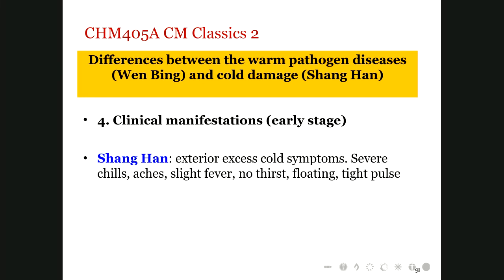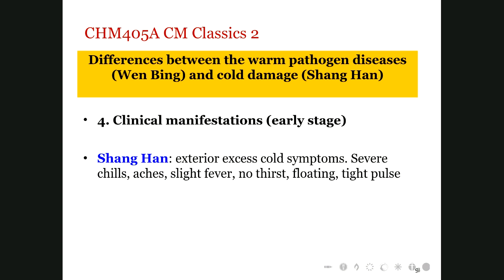But compared with the Shanghan you learned in Classics 1, with external cold-dominant pathogen invasion, because the cold results in constriction or constraint of the channels of the Taiyang divisions, aching and pain will be dominant due to poor qi and blood circulation, with a very mild elevation of temperature.